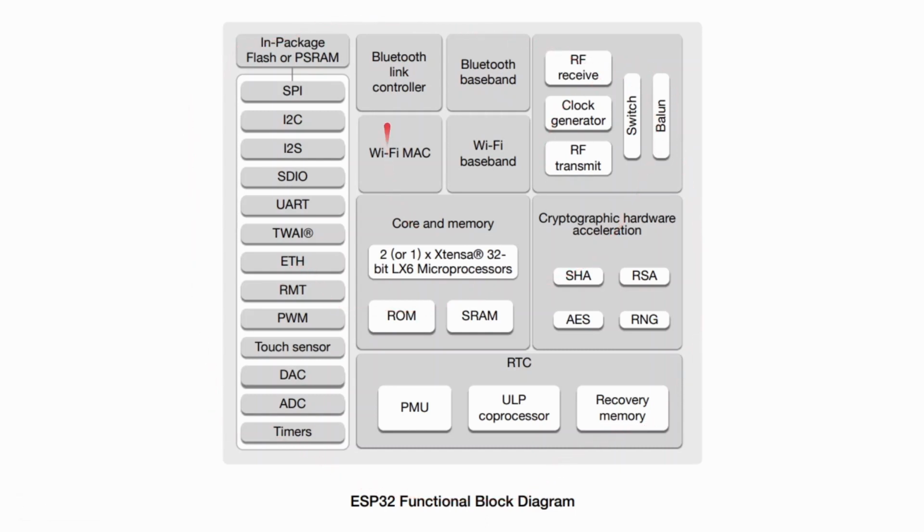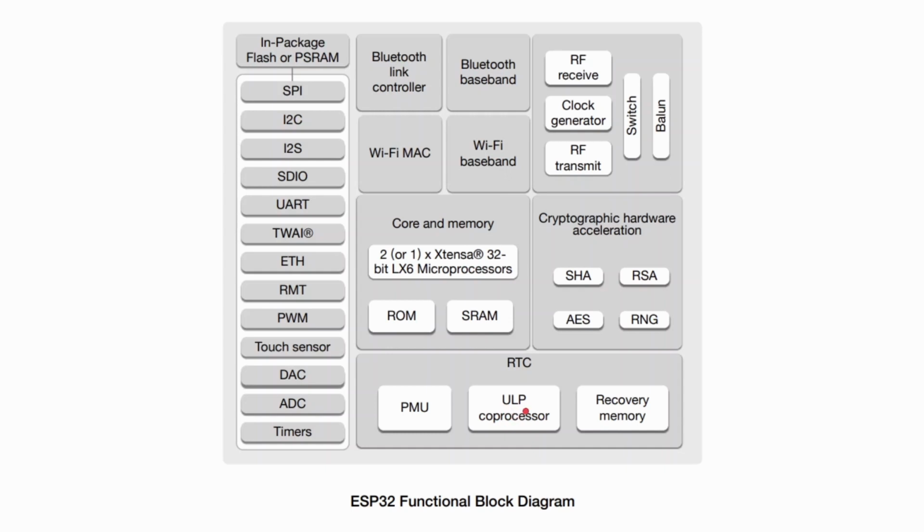This includes Wi-Fi and Bluetooth hardware, and then this is the radio frequency circuit, and this is the security part where you can run your cryptographic operations in hardware. This processor usually comes with dual core, and there are some versions having only one core. The RTC does have a ULP coprocessor, which is very rarely used. But when you are developing a very power-efficient device, then you probably need to do some operations with the ULP processor.